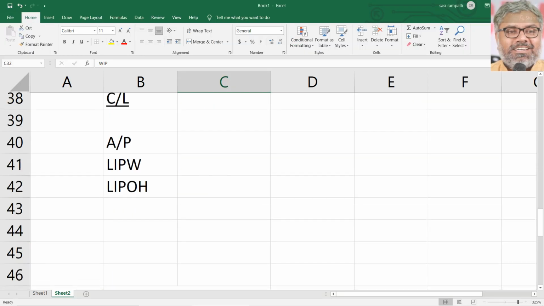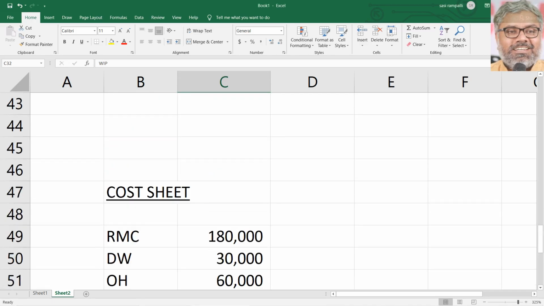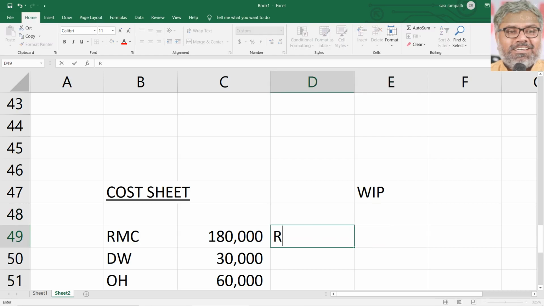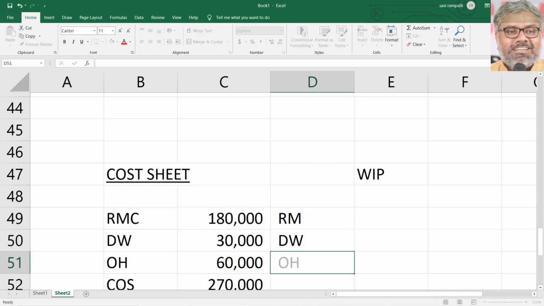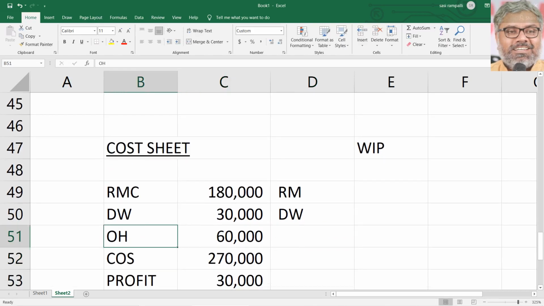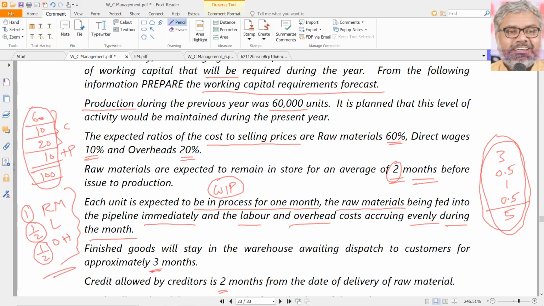That work in progress calculation has to be done separately. So let us do that. Work in progress calculation. Because work in progress will have all the 3 items. It will have raw materials also. It will have direct wages also. It will have overheads also. Right? All the 3 items will be there. So how much of that will be part of the work in progress? For that, we need the data related to how long it will be in the process.